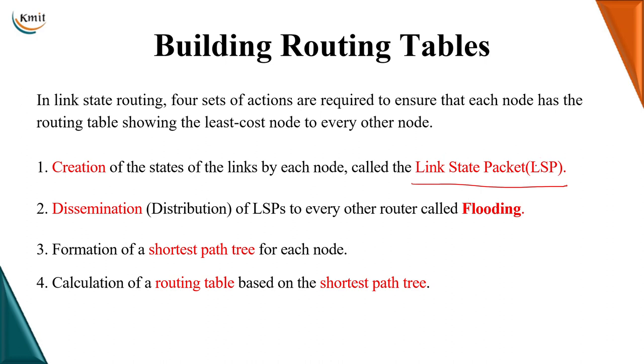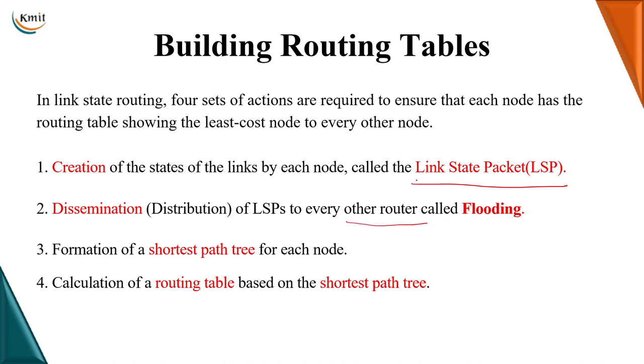What do these link state packets consist of? They consist of the information about the link's state. Then we distribute, or do dissemination of, these link state packets to all the other nodes, or all the other routers in the network.